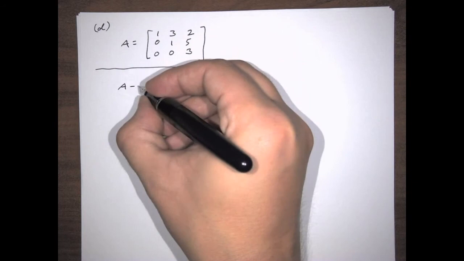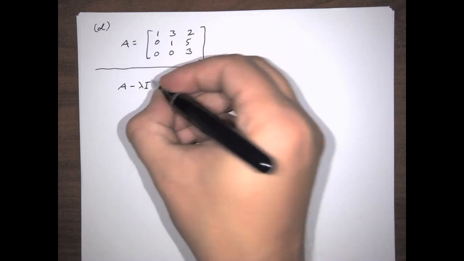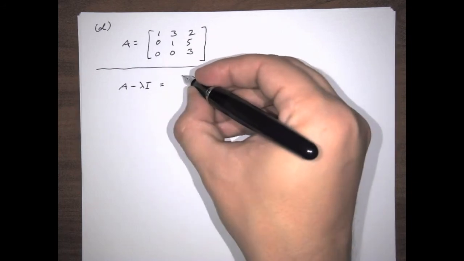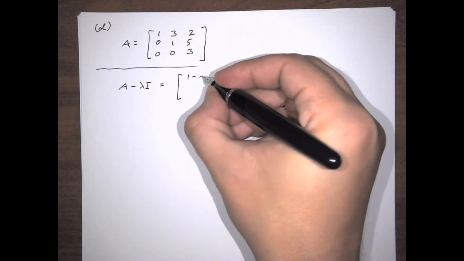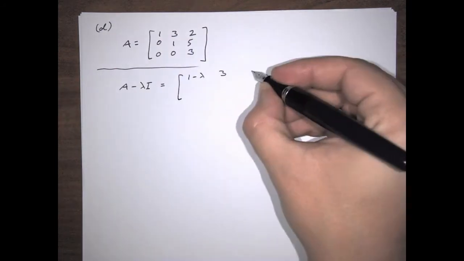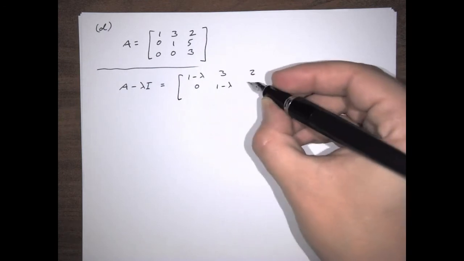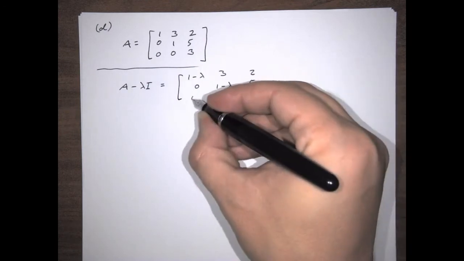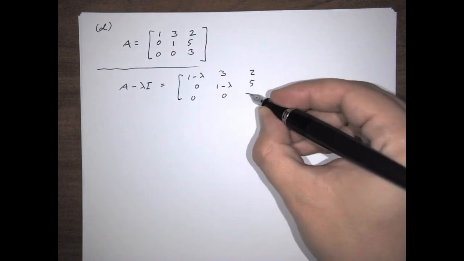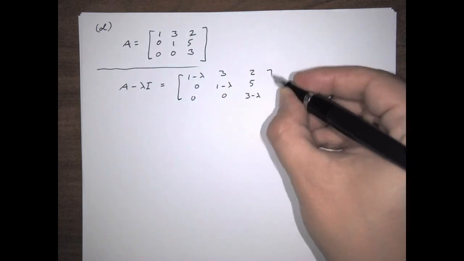So A minus lambda I would be 1 minus lambda, 3, 2, 0, 1 minus lambda, 5, 0, 0, 3 minus lambda.